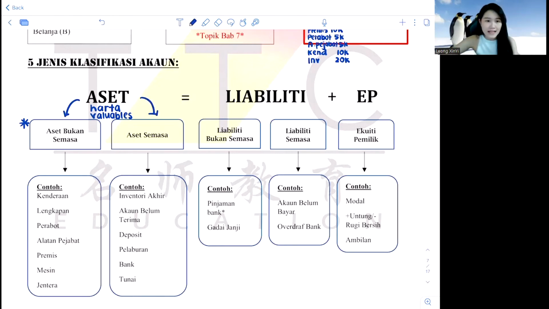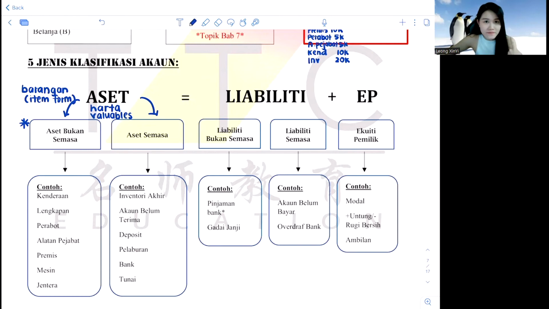The first type is called asset bukan semasa. Asset bukan semasa is usually item, barangan. They are to be used, not to be spent on buying things. So they are not money form, to be clear with that.